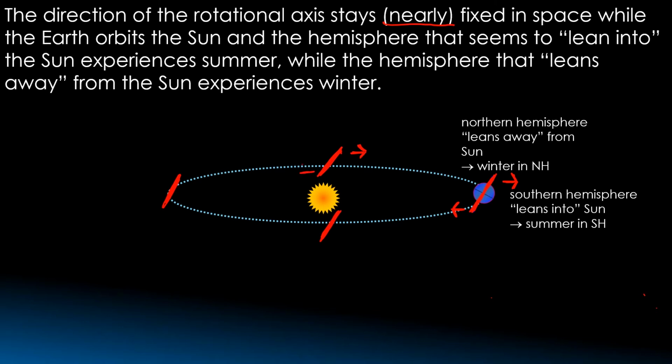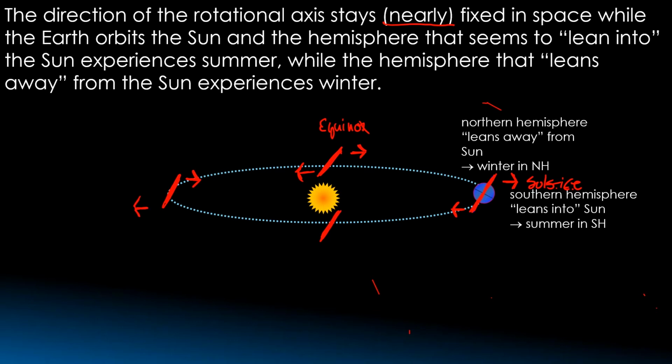If you look at this, neither one of those arrows are pointing towards or away from the sun. And so this would be an equinox. Over here, one pointing towards, one pointing away.